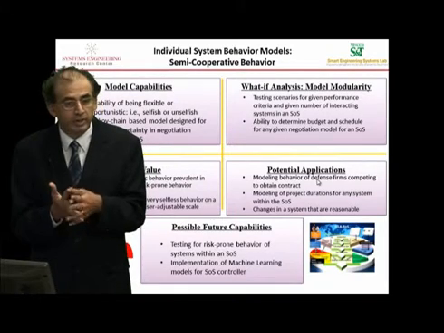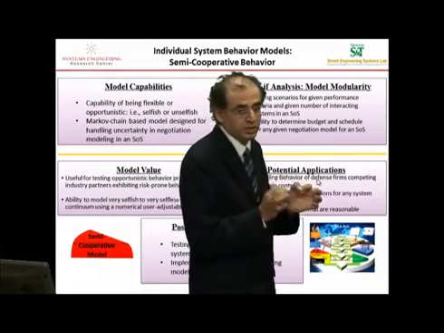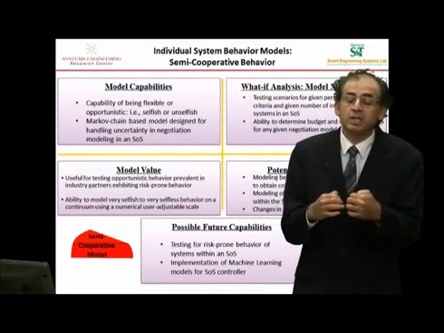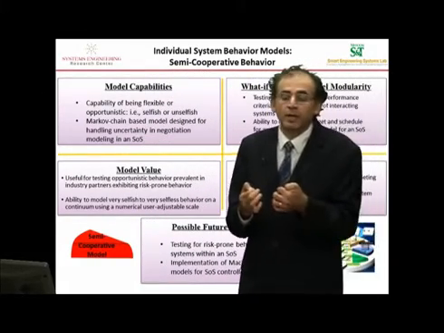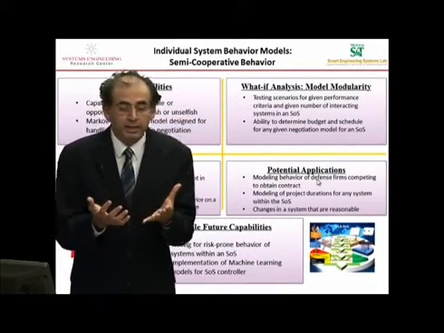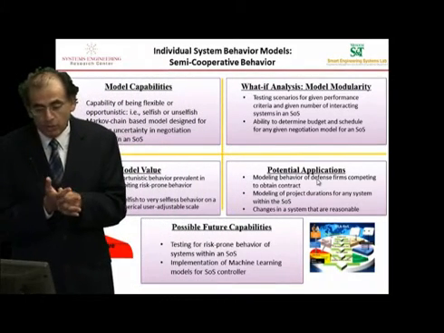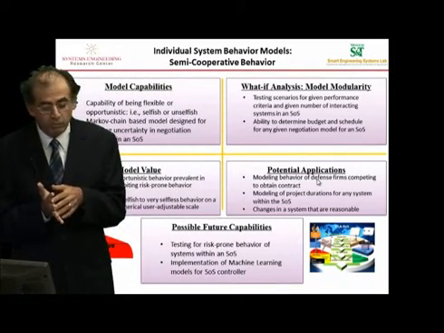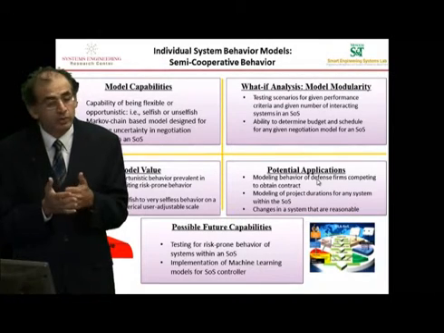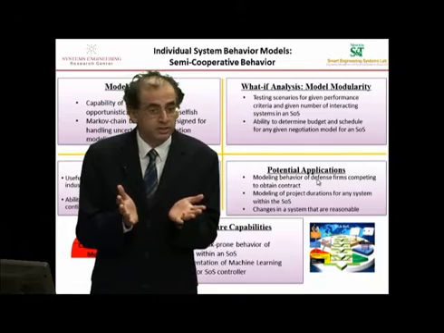Essentially, what the second bullet point there is, is the ability to determine the budget and schedule for any given negotiation model. So from the perspective of the system of systems, how will this particular system respond? Those kinds of answers are very useful in the negotiation process. So what will be the value of this model we are proposing? It will be very useful in testing opportunistic behavior present in industry partners.